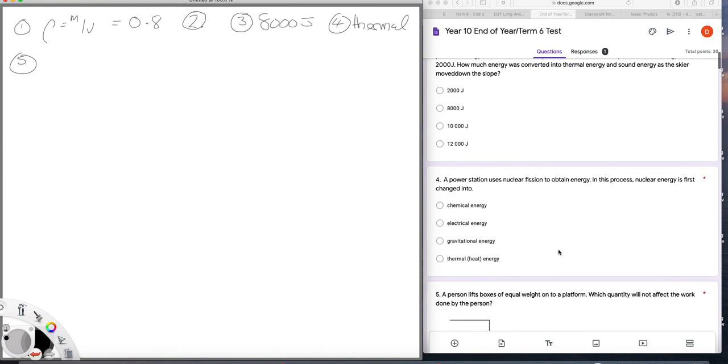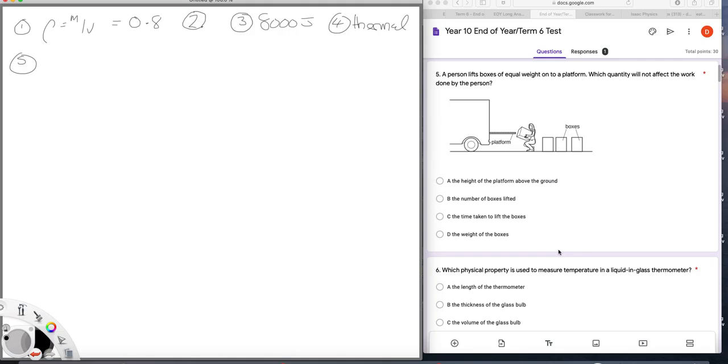Question 5. A person lifts boxes of equal weight onto a platform. What quantity will not affect the work done by the person? Well, we know that work is force times distance. And the force in this case is the weight of the box. So the work done per box is mass times gravity times the distance moved, the height.